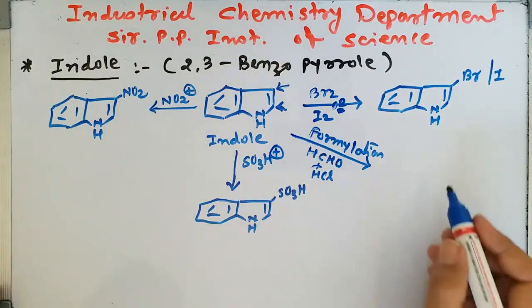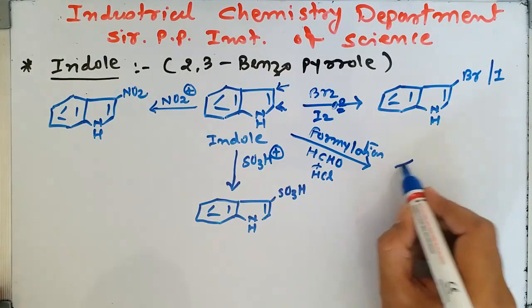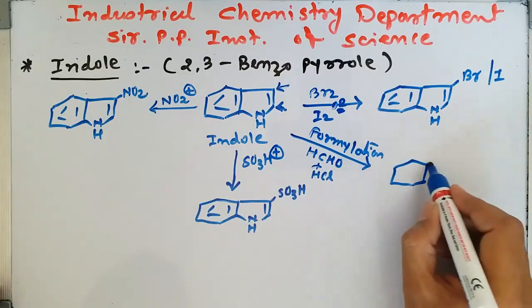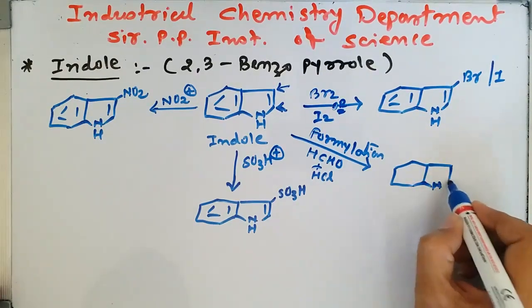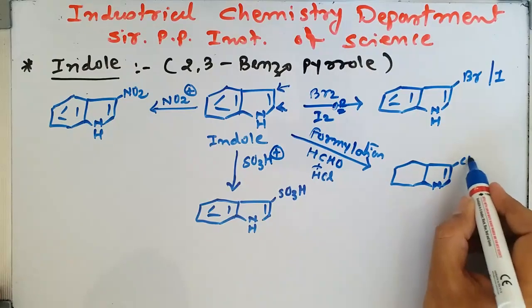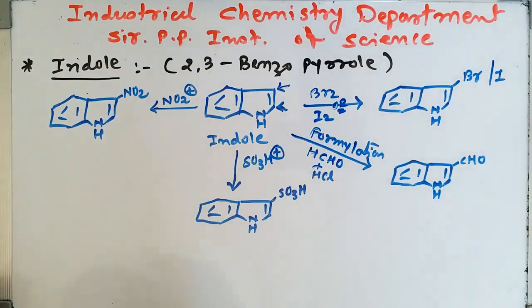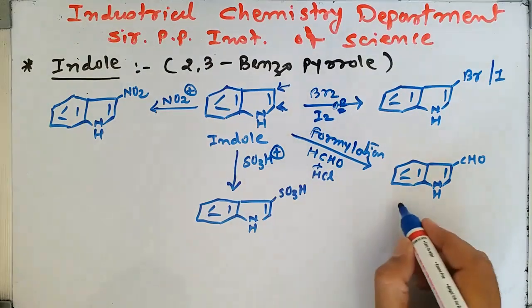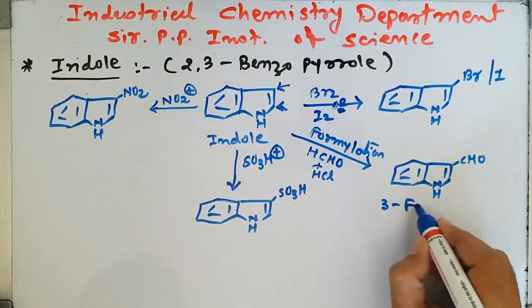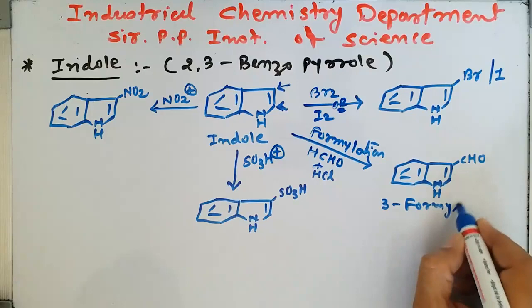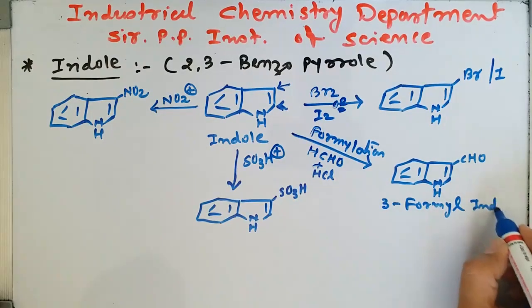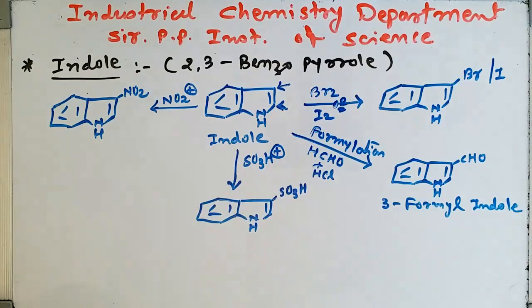So the aldehyde group enters at position 3, giving 3-formylindole.